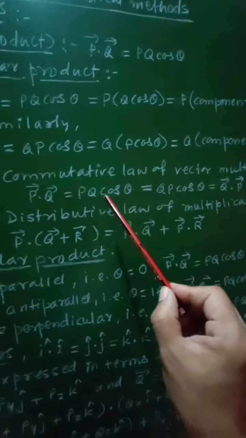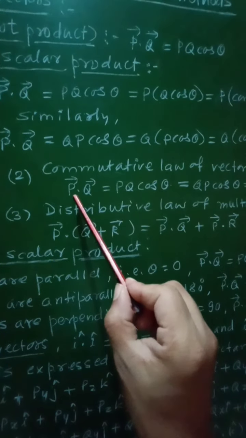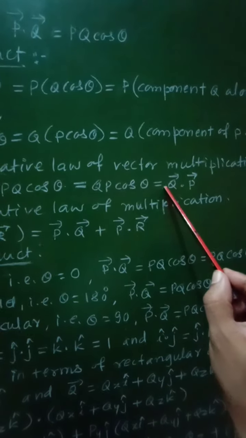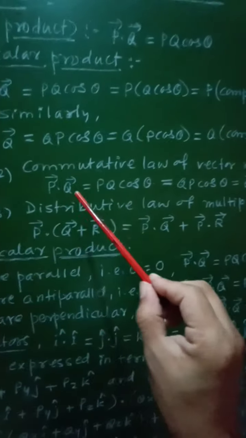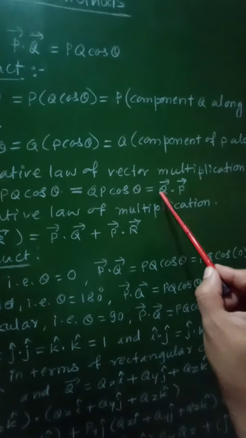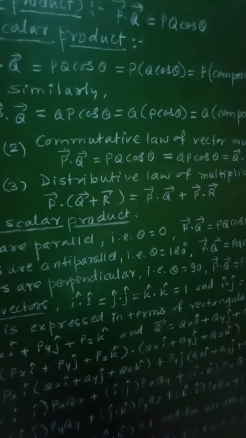According to this commutative law, vector p dot vector q must be equal to vector q dot vector p. It is similar to 2 into 3 being equal to 3 into 2. So that is the commutative law.